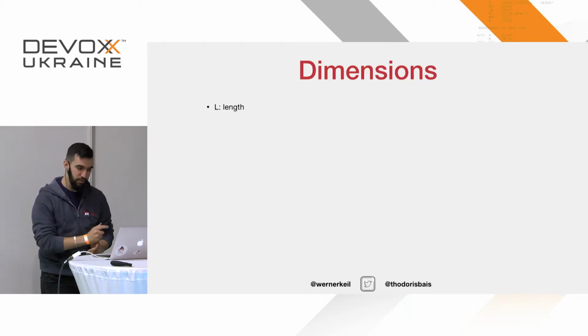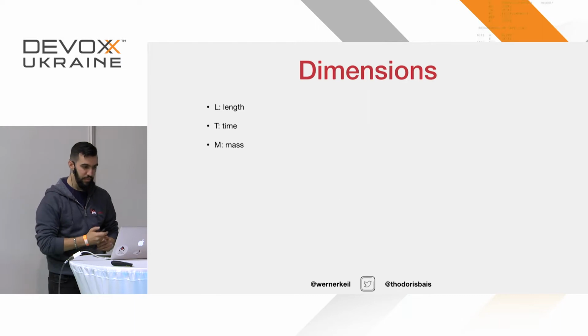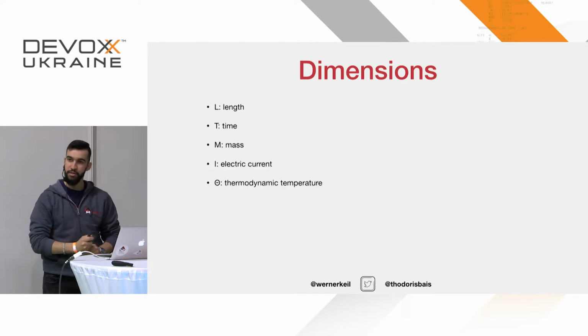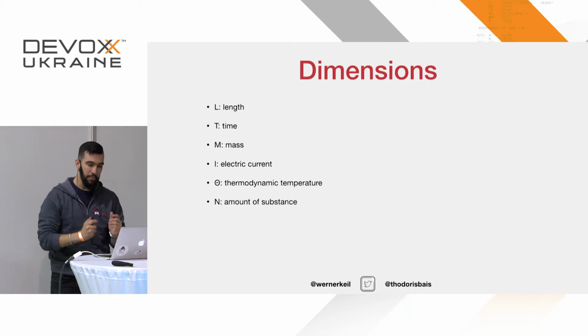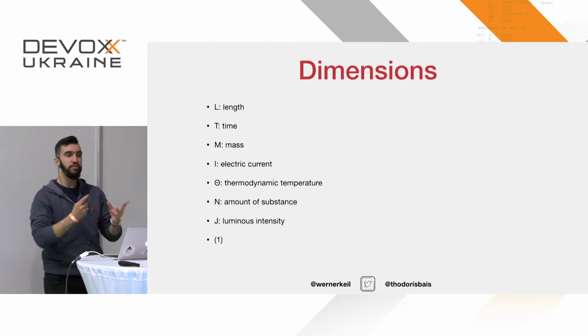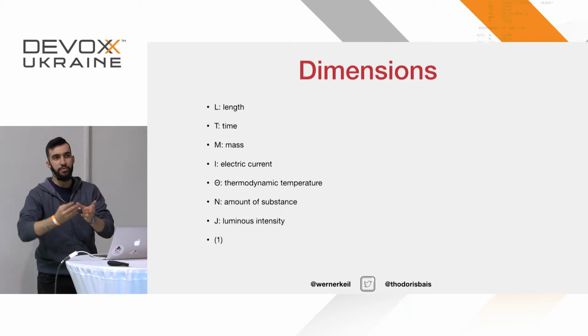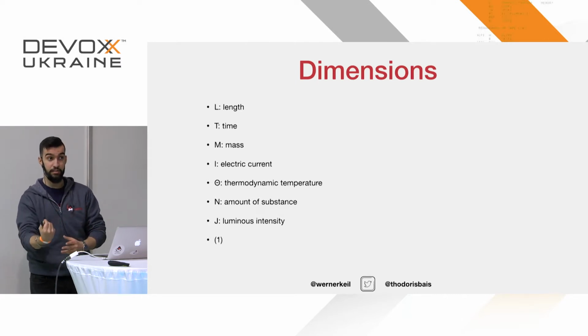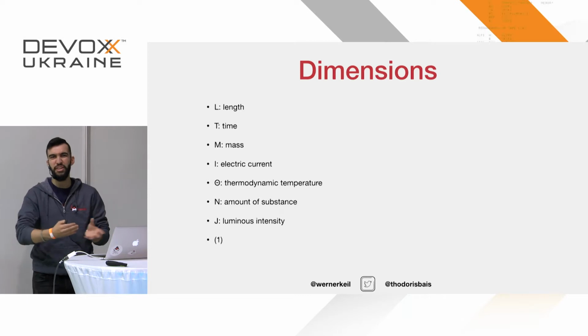A few more words about dimensions. Length, of course. Time, mass, electric current, thermodynamic temperature, amount of substance, luminous intensity, and one. Why one? Because, of course, we have some cases, like when we need to calculate an angle, where we don't really need any unit, right?